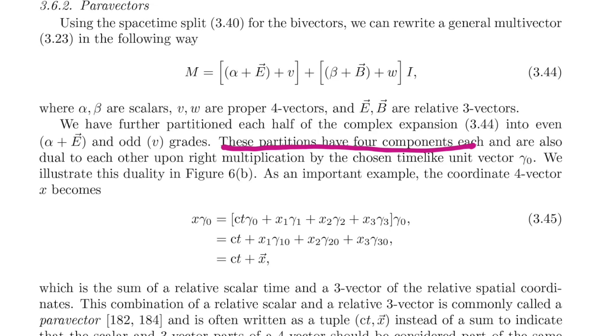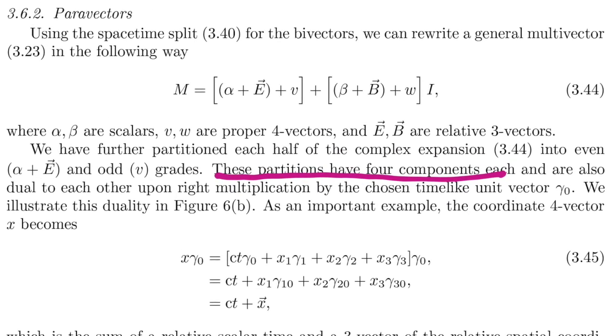It's this duality that is defined very specifically by left multiplication by gamma 0, right? The gamma 0 duality, which will take these to this vector and this vector to these, right? So this duality is not going from here to here. The duality they're talking about now is a duality that goes like this, right?